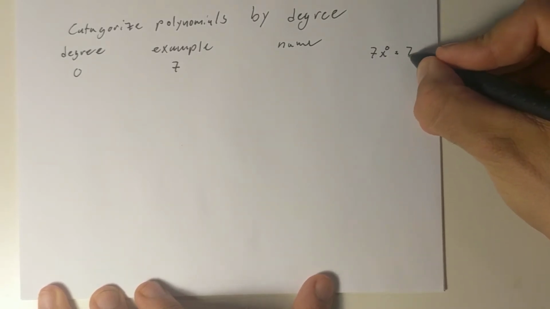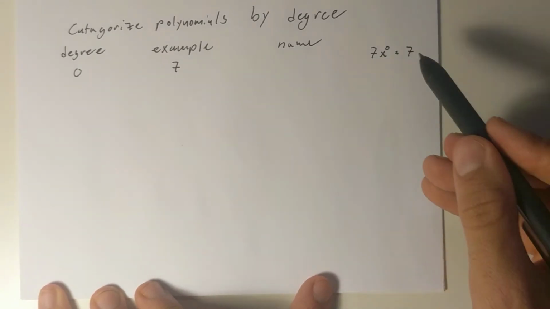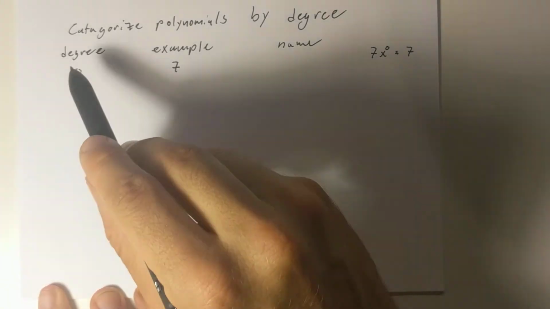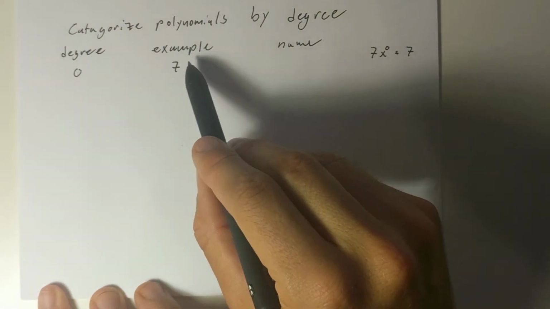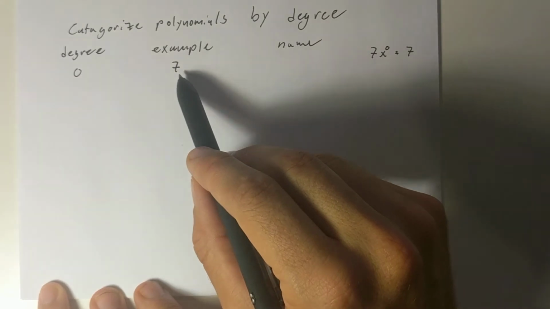So this thing actually just equals 7. That's why a degree 0 polynomial is just the number 7. Obviously, any number would do.